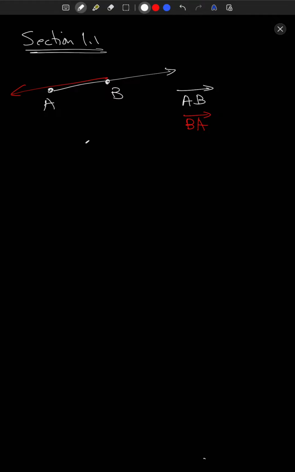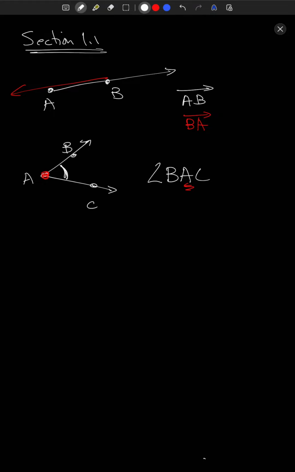We don't really care about rays too much in this class, but we do care about angles, and an angle is made up of 2 rays. So if I call this guy A, I call this guy B, I call this guy C, then we can talk about the angle BAC. That would be this guy right here. The middle letter is the vertex of our angle.